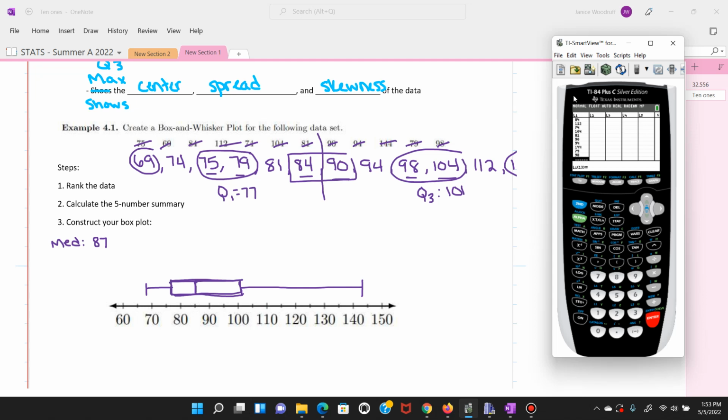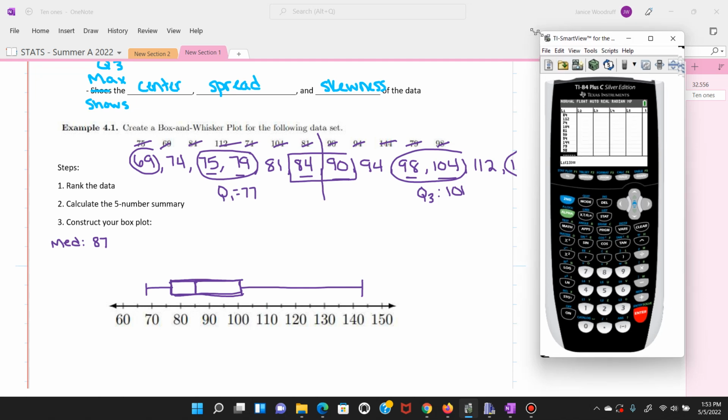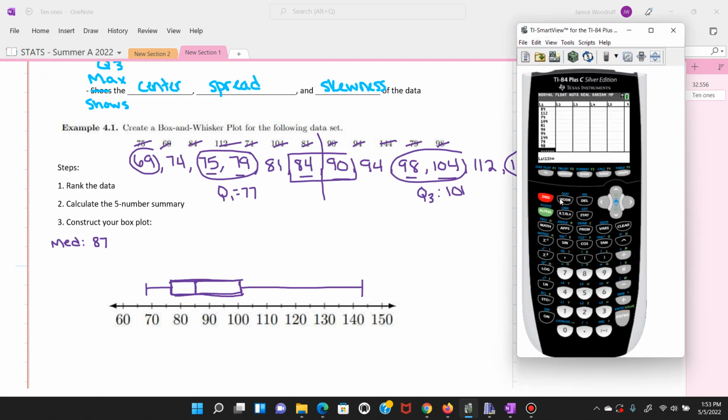And then I'm going to go back to my home screen. So I'm going to go second quit. Let me see if I can make this a little bigger. Second quit. Okay, then we're going to go to Stat, over to Calc, and we want to calculate our one variable statistics. So we're going to hit enter. And then the list I want to do is L1. Frequency list, I'm going to leave blank.